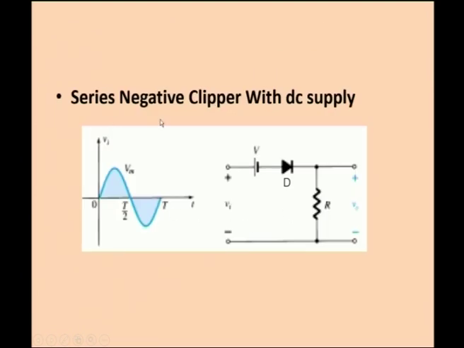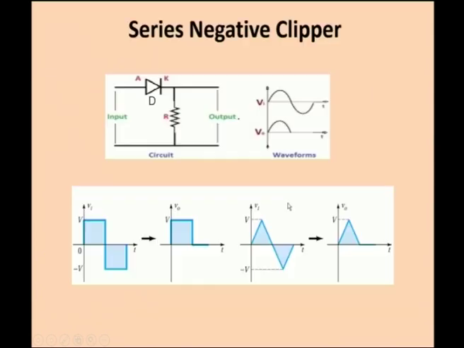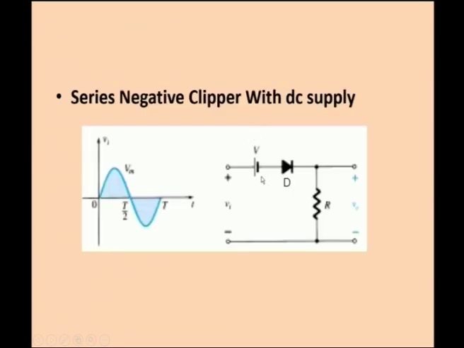This is the series clipper with DC supply. When you look at the two circuits, in the first only the diode is connected in series with the resistance, and here with the DC supply the diode is connected in series with the resistance. So, this is the input voltage.